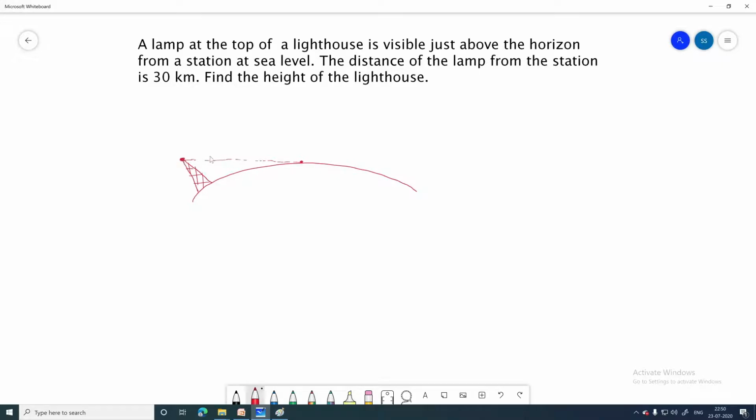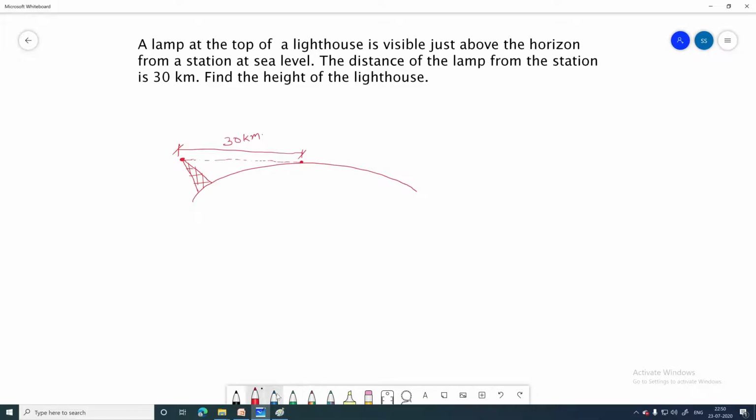So the distance between the lamp and the station point at the sea level is given, and that particular distance is 30 kilometer. And the lamp is visible due to the combined effect of the curvature correction as well as the refraction correction. Okay, then only the light is visible at this station point.